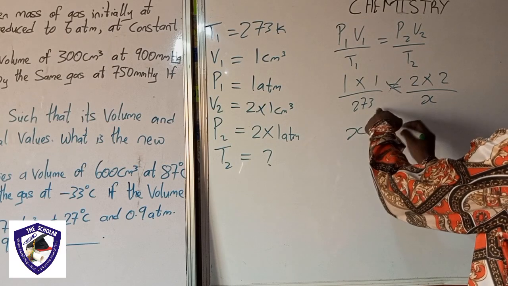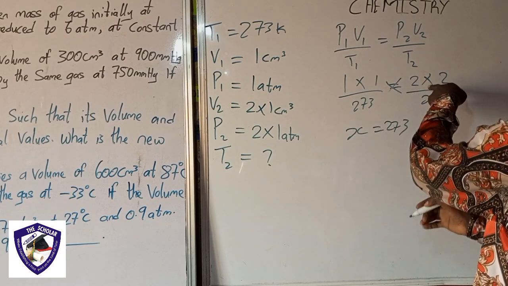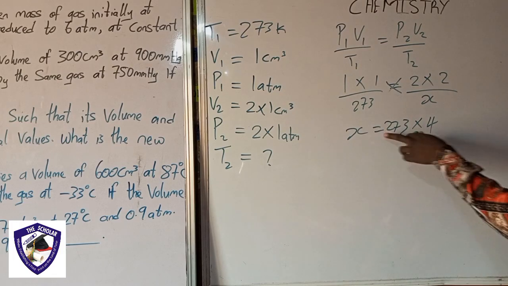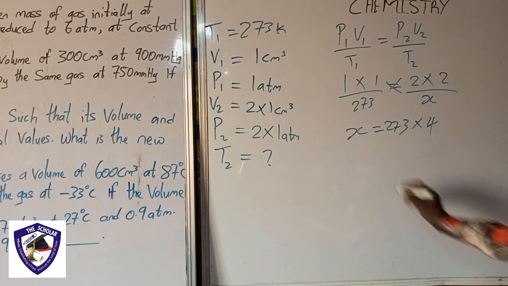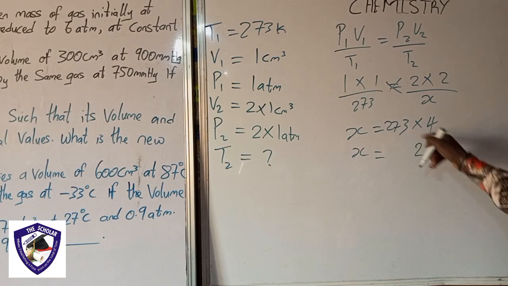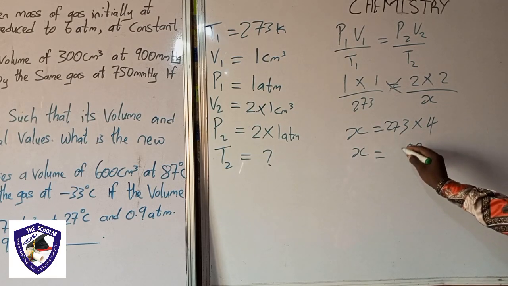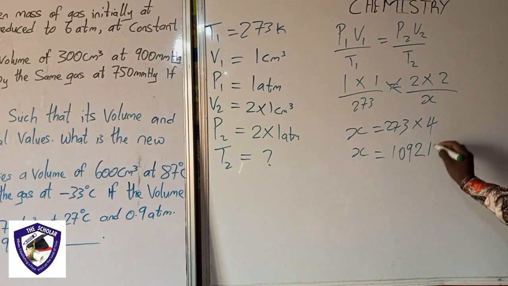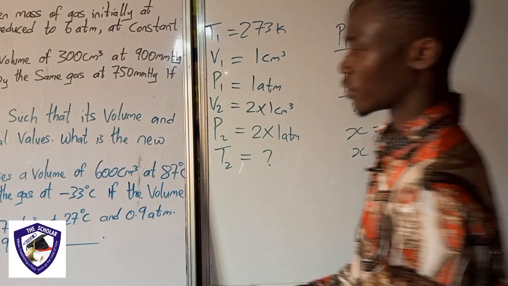Now this 273 multiplying this 2 times 2 is what? 4. So we have x equal to what? 273 times 4. So we have our x is equal to 1092 Kelvin. Now let's look at the fourth question.